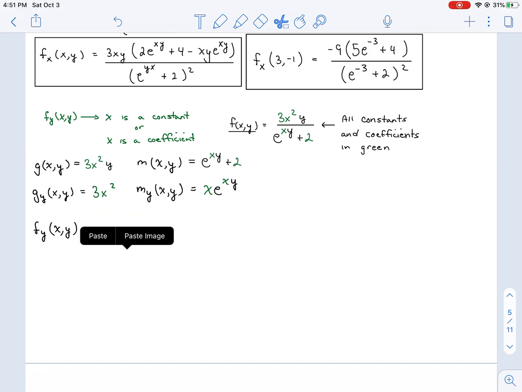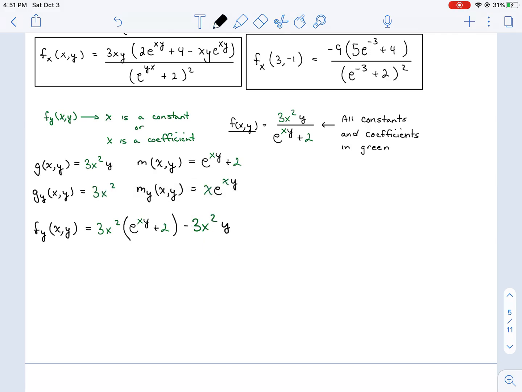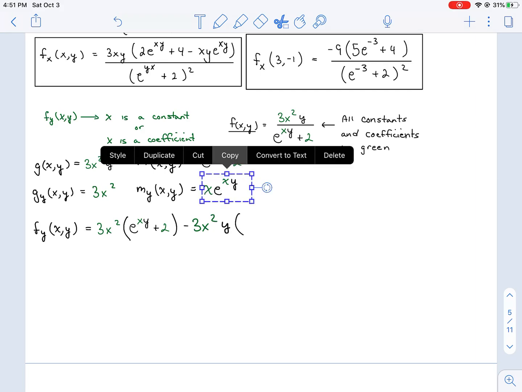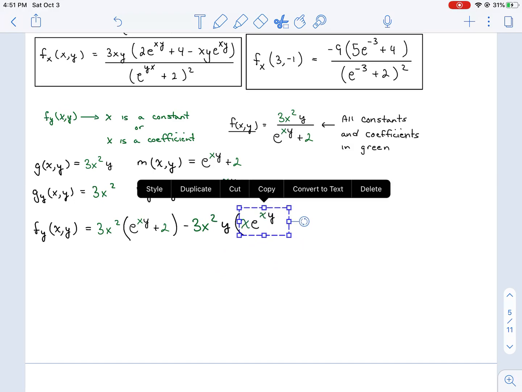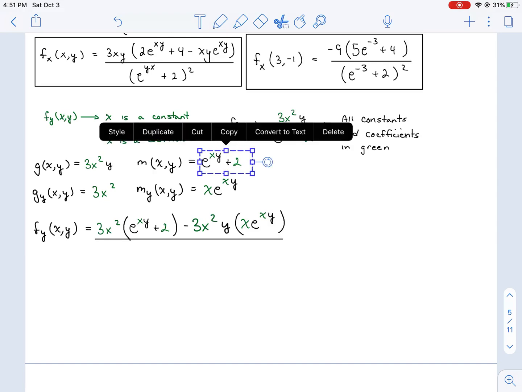It's the partial derivative of the numerator times the denominator minus the product of the numerator times the partial derivative of the denominator with respect to y. And again, we're going to divide this entire expression by the denominator squared.